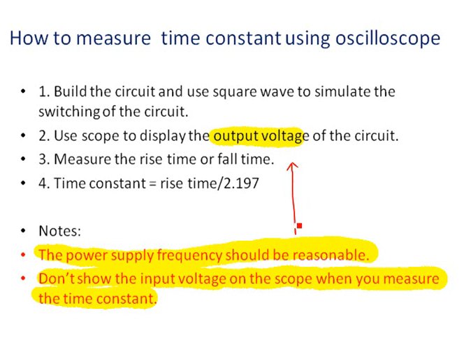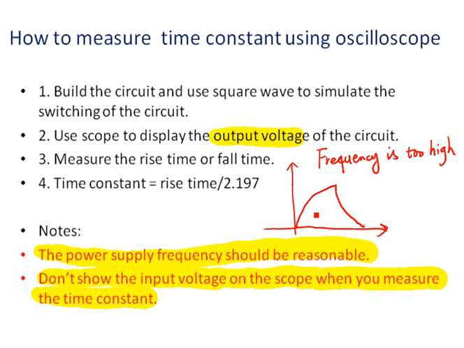The time constant is rise time or fall time divided by 2.197. Here, I also want to mention that the power supply frequency should be reasonable. For example, if the frequency is too high, when you look at the natural response and step response, the output voltage doesn't get enough time to reach its maximum. So when the frequency is too high, we cannot measure the time constant correctly.